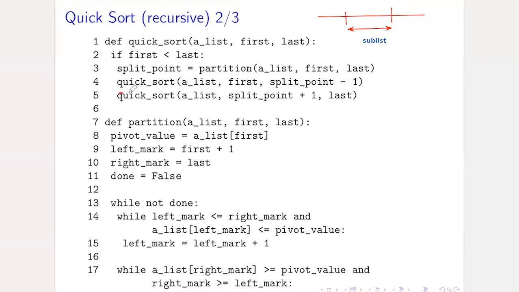The first quicksort will take the left hand side, first to split point -1, and the second quicksort will take the right hand side, split point +1 to last. That's how the quicksort algorithm works. That's all to the quicksort algorithm, and then we have a separate function to do the partitioning.